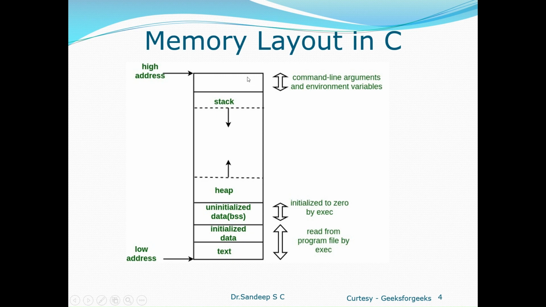These might not be used in all programs; only specific programs use command line arguments and environment variables. Otherwise, you as a user will not define those variables. As far as general programming is concerned, most of the code we write will be in the text segment, and declared variables will be in either uninitialized or initialized data.